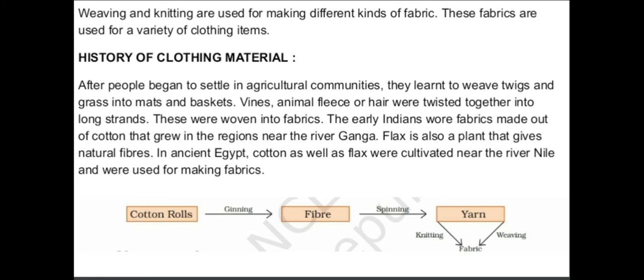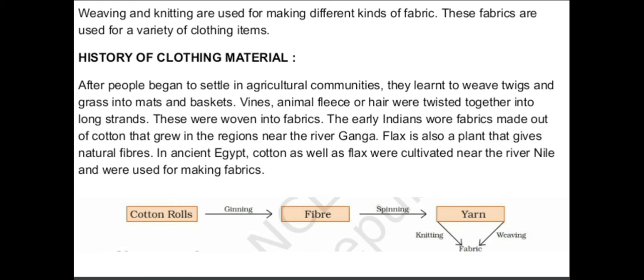After people began to settle in agricultural communities, they learned to weave twigs and grasses into mats and buckets. Vines, animal fleece, or hair were twisted together into long strands. These were woven into fabrics.